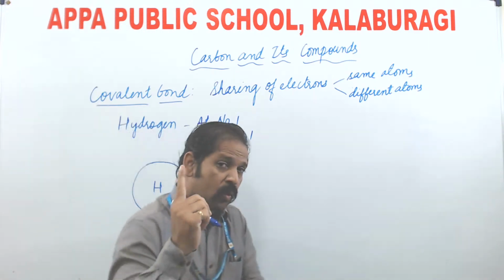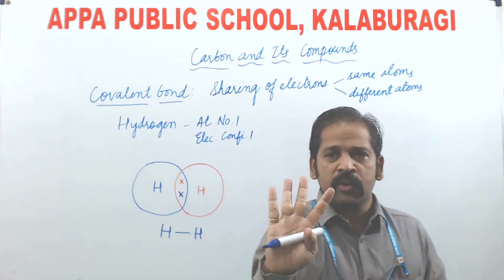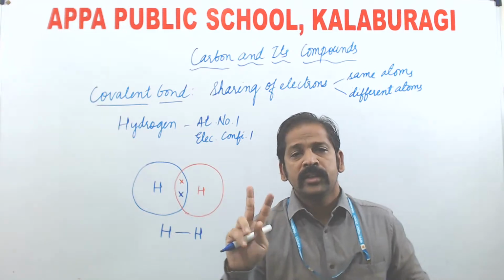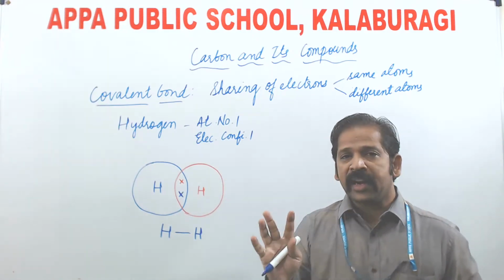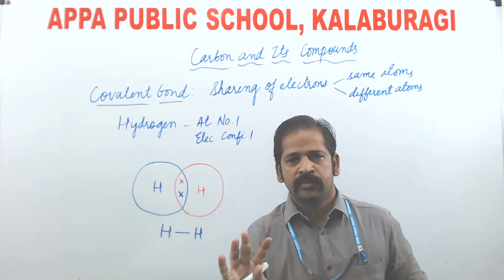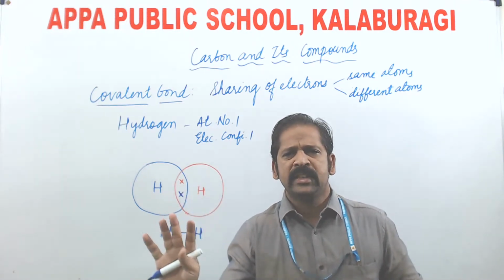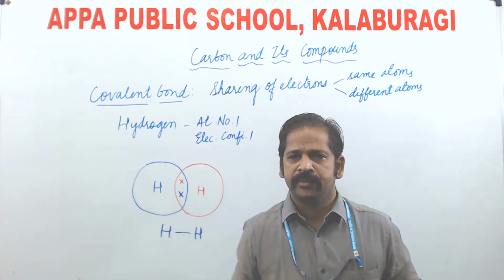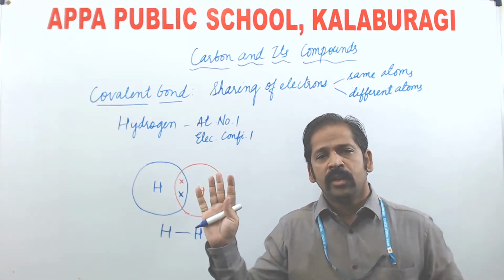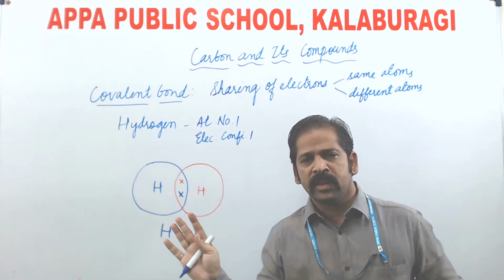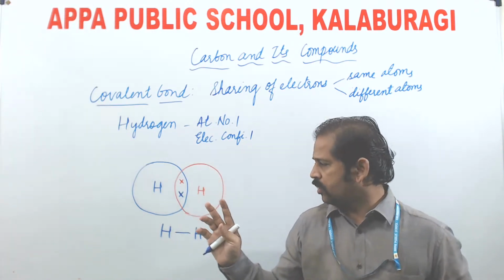Two electrons, one bond; four electrons, two bonds; six electrons, three bonds; and eight electrons, four bonds. Eight electrons is the maximum, an octet structure, with a maximum of four bonds.